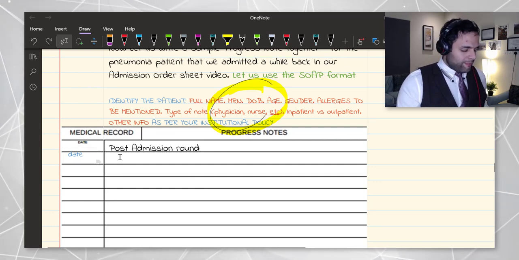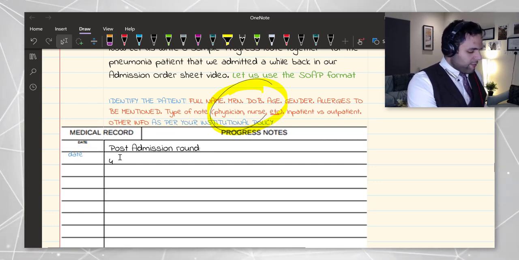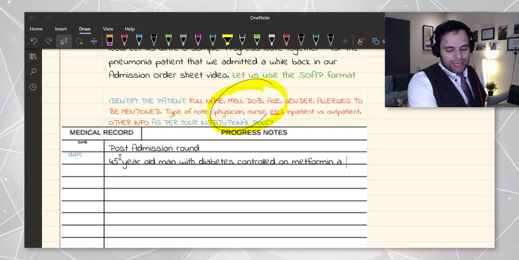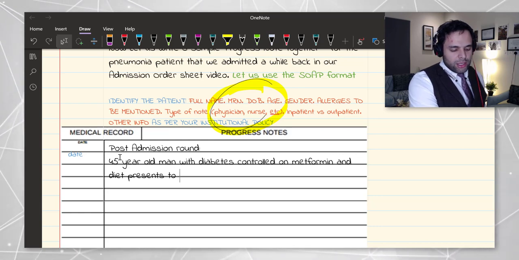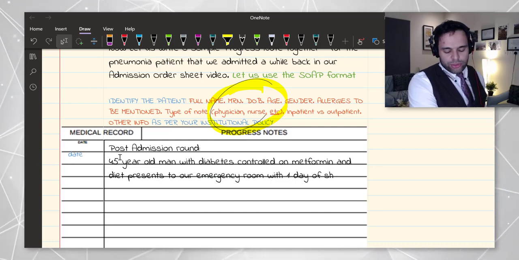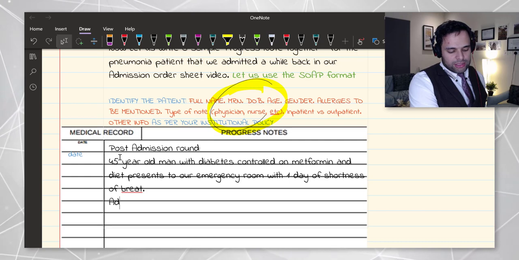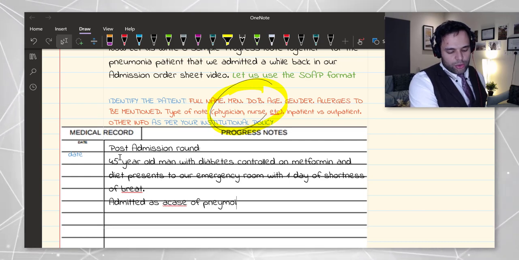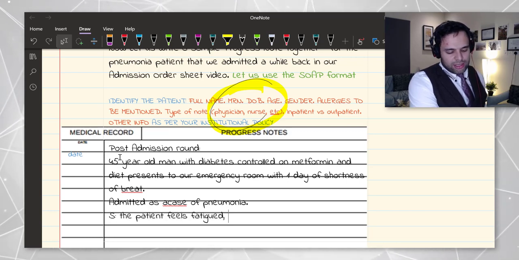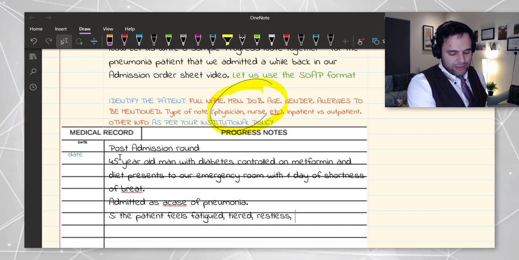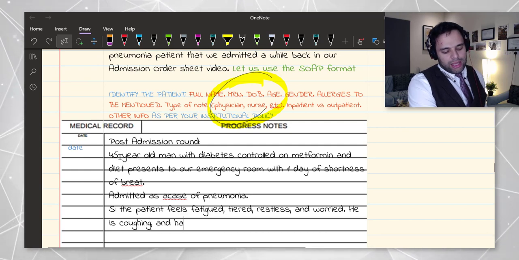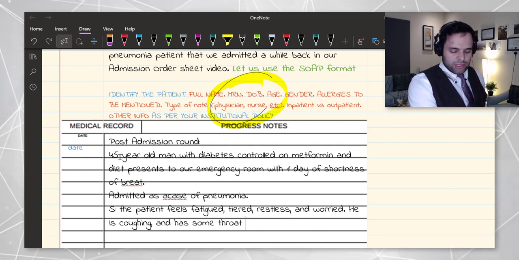We date and time, and we can say a 45-year-old man with diabetes controlled on metformin and diet presents to our emergency room with 1 day of shortness of breath, admitted as a case of pneumonia. So this is a background. Subjective: the patient feels fatigued, tired, restless, and worried. He is coughing and has some throat discomfort.